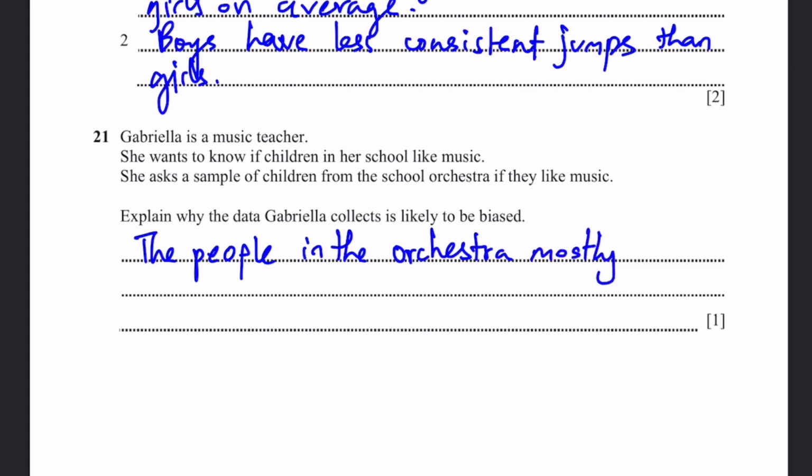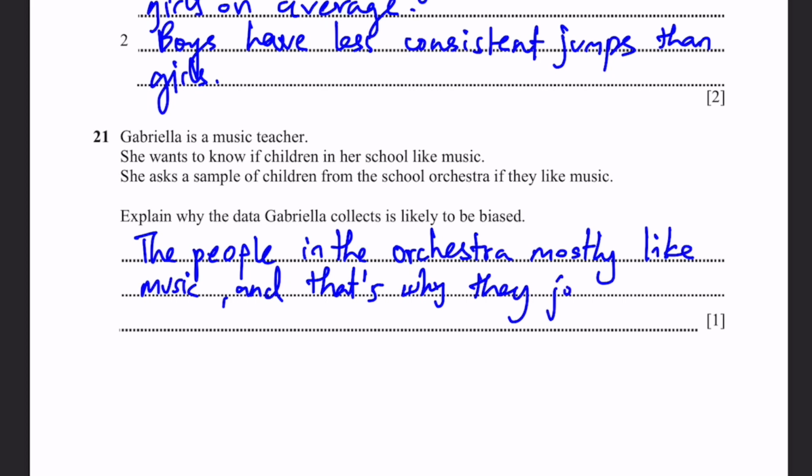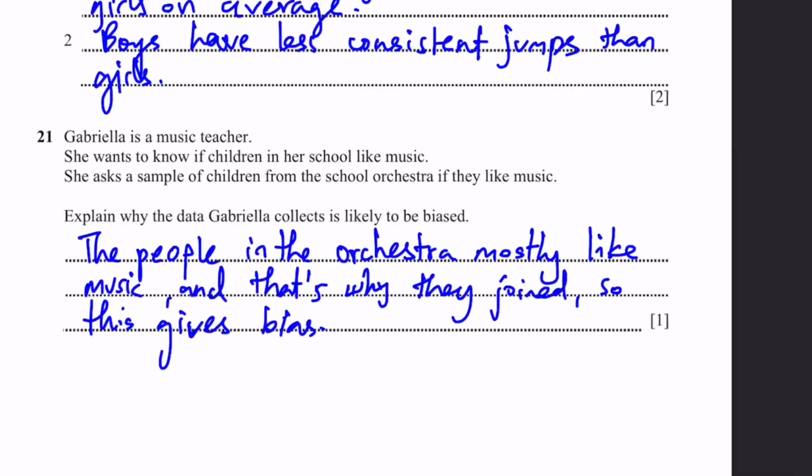So people in the orchestra mostly like music, and that's why they joined. So this gives bias. That's the answer.